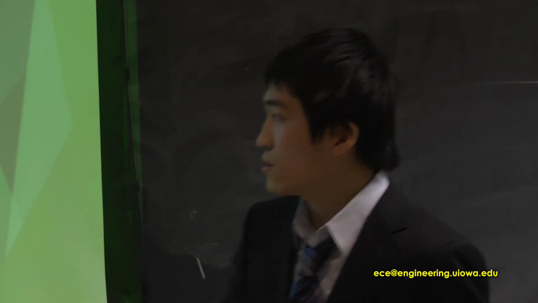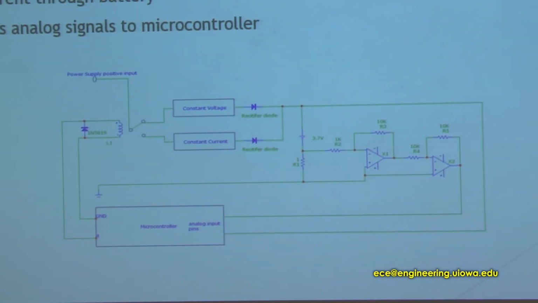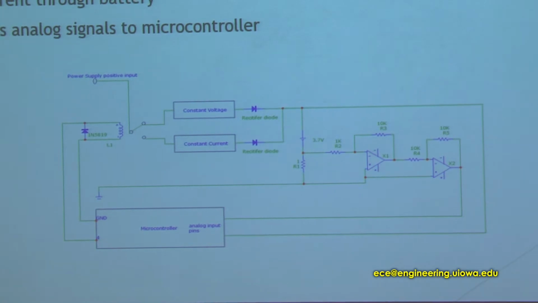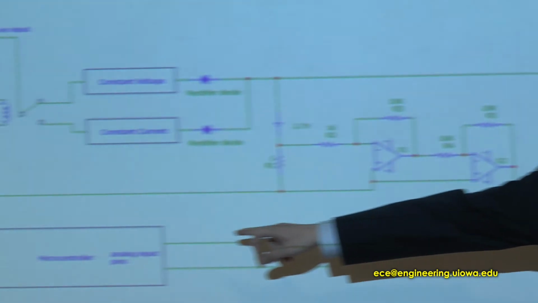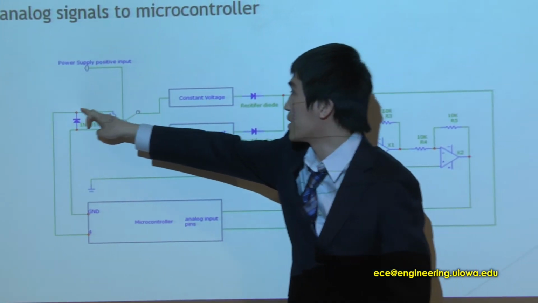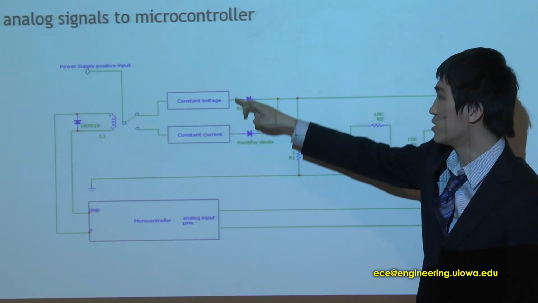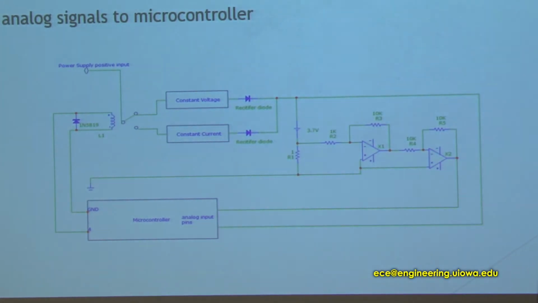It passes to the microcontroller to analyze the current data over time so that it can get the capacity charged into the battery. And then after it analyzes the data, it passes a signal to a mechanical relay to switch between constant voltage and constant current.